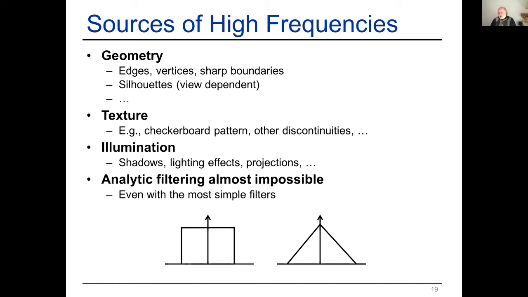So that's a perfectly sharp edge. So edges, any sharp boundaries, shadow boundaries might be sharp. Textures like this checkerboard texture that we saw before. The geometry might be perfectly smooth, but if I put a sharp checkerboard texture on top of that, then of course I've just introduced visual edges in my scene.